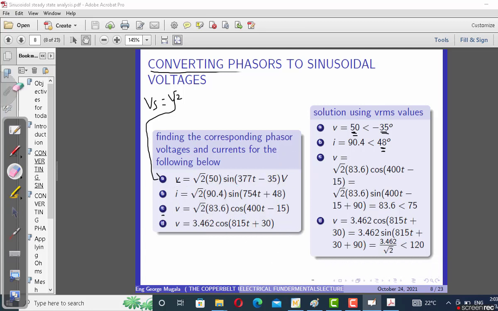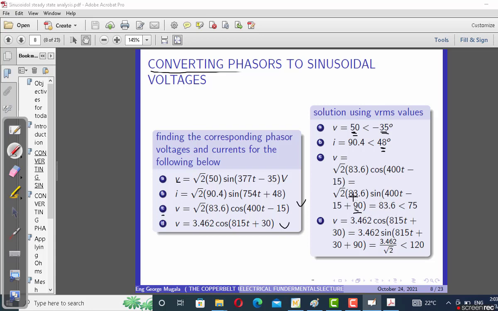Okay, so real quickly, you and I can see that, in short, whenever I want to convert these two which are in cosine format, I'll rewrite them the way they are, but I'll change into their equivalent format by adding 90 degrees. Since this was minus 15, minus 15 plus 90 gives us 75, right?